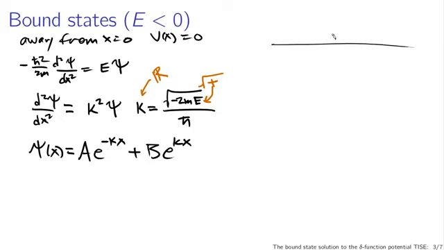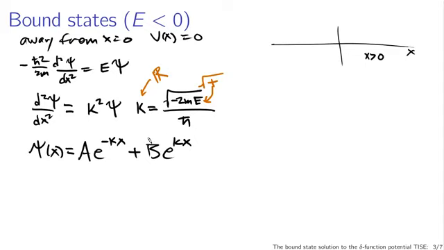Our actual space looks like this. We have, as a function of x, our potential blowing up at x equals 0. So we know we have a solution away from x equals 0. That's what we're trying to find here. If we want a solution on the right, for x greater than 0, and we want our wave function to be normalizable, we know we have to have B equal to 0.